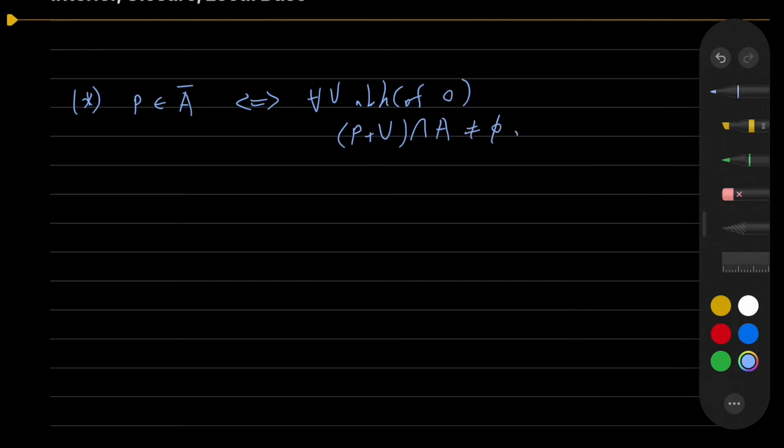And it's very easy to see that. Let V be any neighborhood of 0 as above, and E be any closed set that contains A. Then we have the following equivalent properties. First, if P is in the closure, by definition, it is in every closed set that contains A, right?